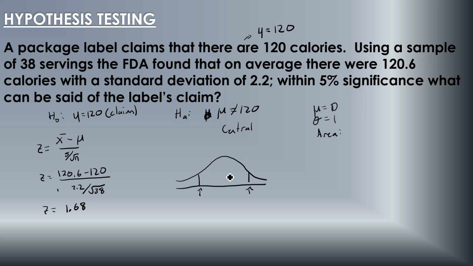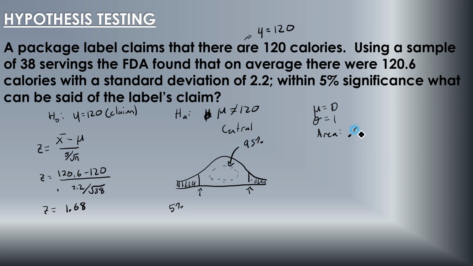Now, when we do a central, it's going to give us this area right in here. But when we're doing our critical region, we actually want the outside tail ends. So when I do my area, see, these two shaded areas are the 5% significance, which means this area in here is 95%.